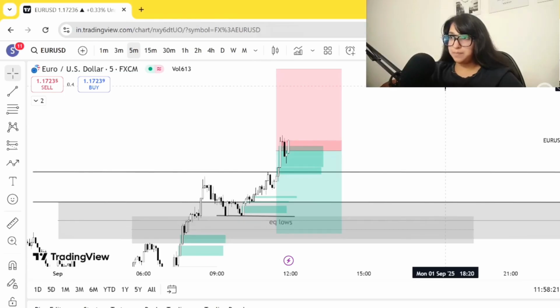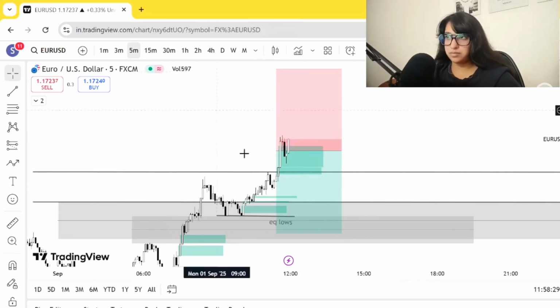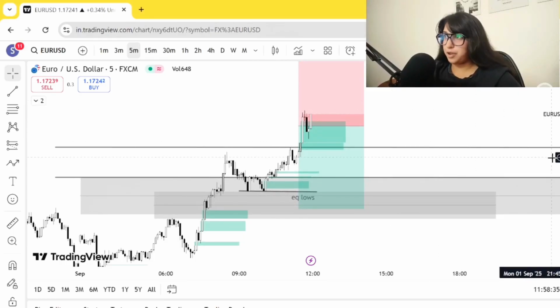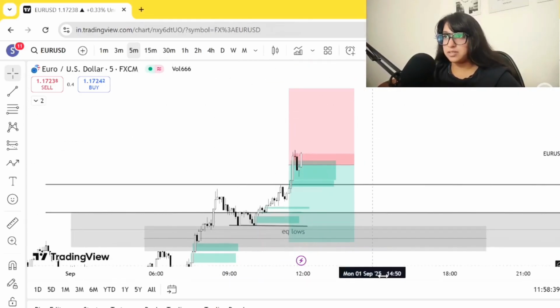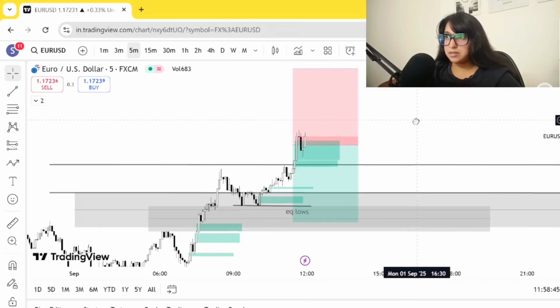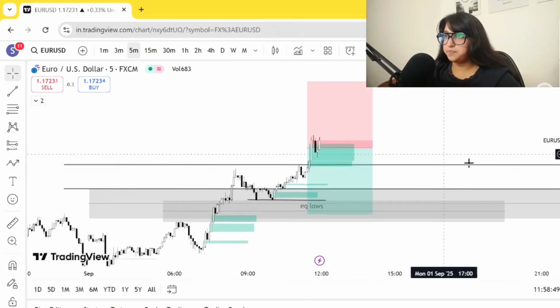And here we didn't see any displacement or the break of structure, but we purely took it on the basis of the probability. That was, if it broke the highs, we're gonna take it to the sell side. If we broke the lows, we're gonna take it to the buy side. So let's see the probability of the setup.